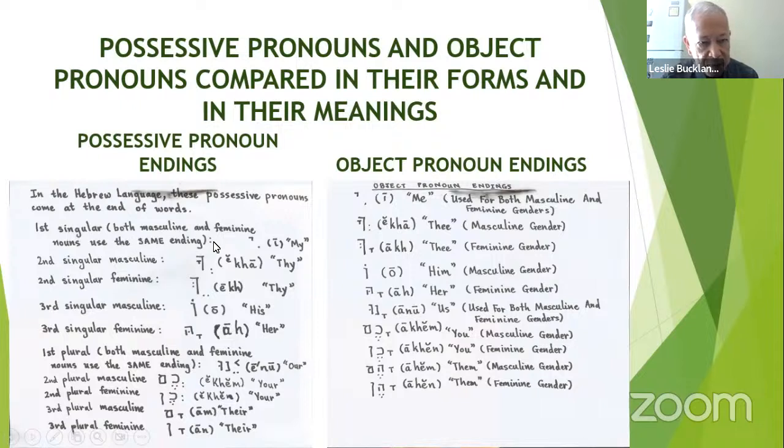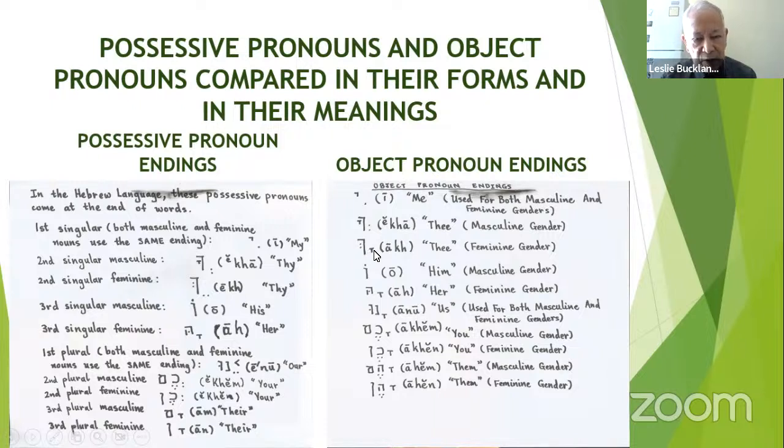First singular, e is my, and first singular, e is me. Second person singular masculine is eka, which is thy. Second person singular masculine, eka, is thee. Second person singular feminine gender is ek, which is thy.